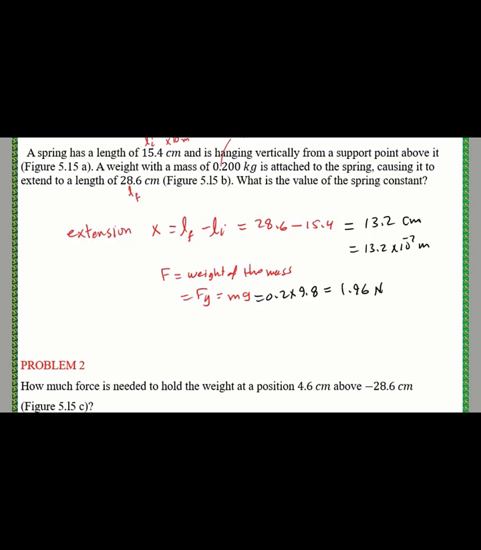Now, for the spring constant, we know that F equals kx, or k equals F over x. You can use this triangle: k times x equals F, so k equals F over x.